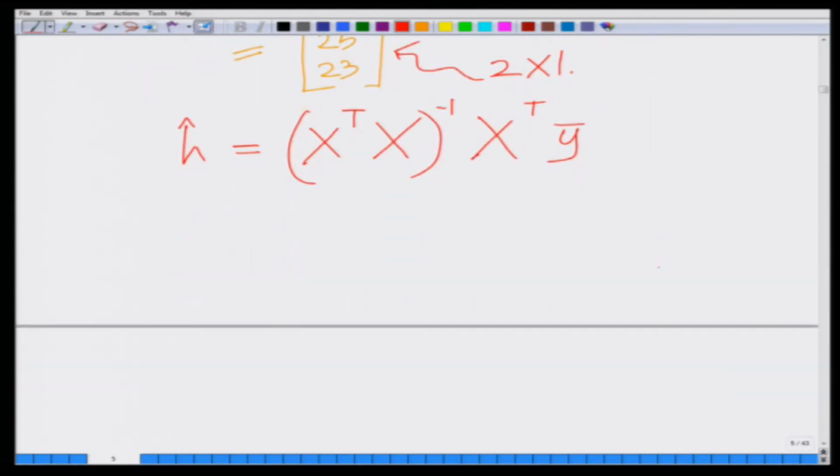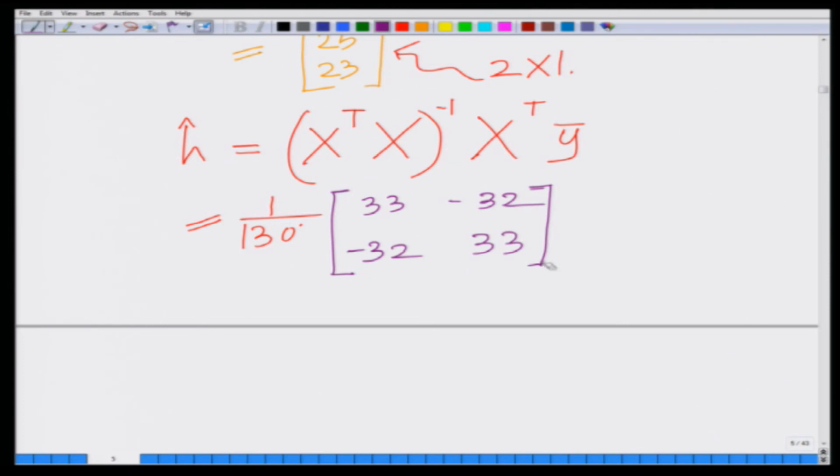Remember, this is your maximum likelihood estimate, which is basically equal to, now substituting for x transpose x inverse, 1 over 130 times the matrix [33, -32; -32, 33] times the vector y bar, which is [25, 20, 23].